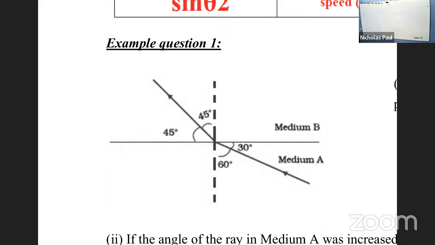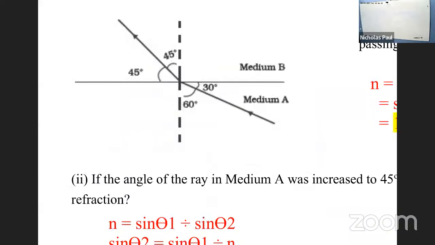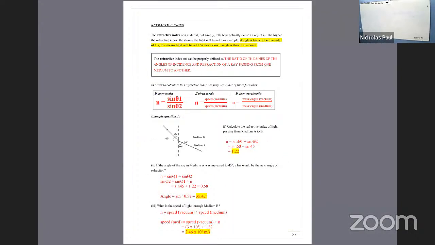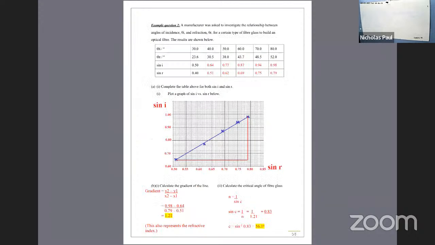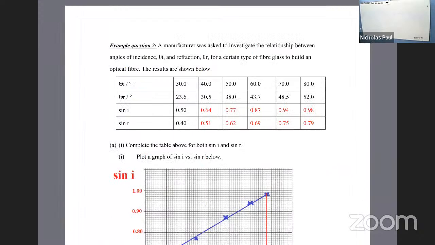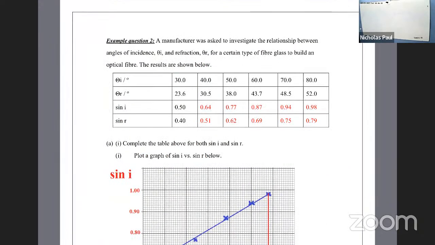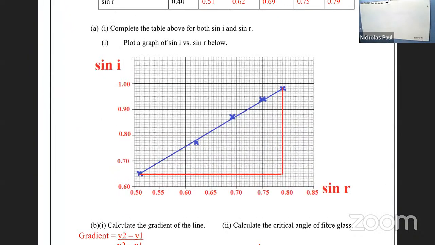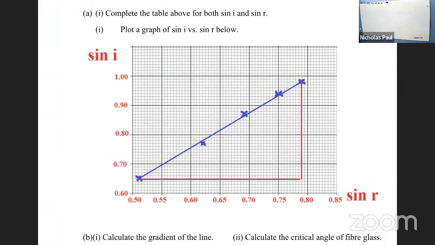Okay, so it's important I understand that these two things are included. Normally I will give you a question, but before we do that, if you were to plot a graph of sine i versus sine r, the gradient will give you what?